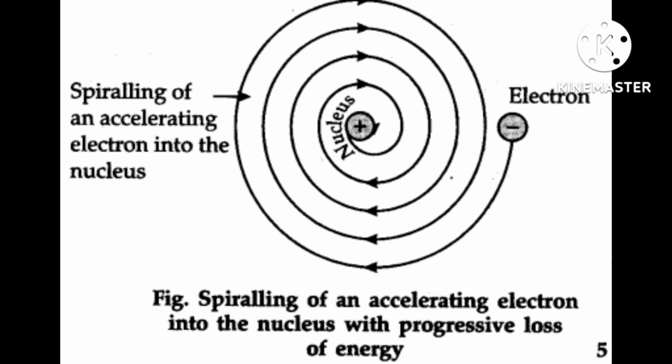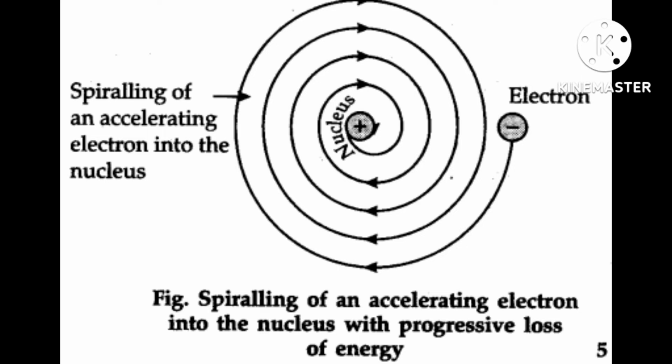Means it will become just like a Thomson model. But that is also a failure. Then the first weakness or limitation or drawback of the Rutherford model is that it does not explain the stability.